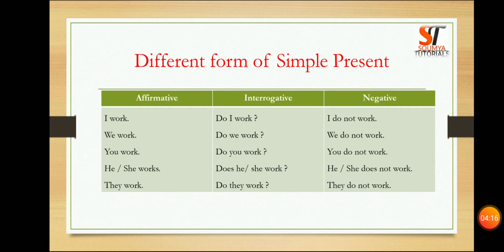Similarly, when these affirmative sentences are changed into interrogative or question form, do or does comes at the beginning of the sentence, like do I work, do we work, do you work, does he or she work, do they work. Similarly, when these sentences are changed into negative form, we use: I do not work, we do not work, you do not work, he or she does not work, they do not work.